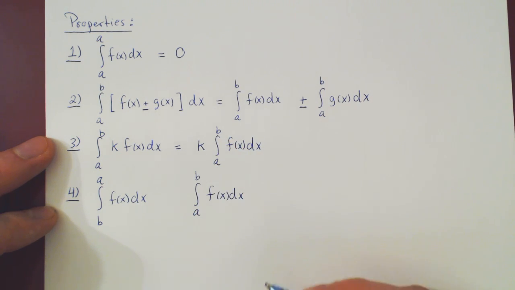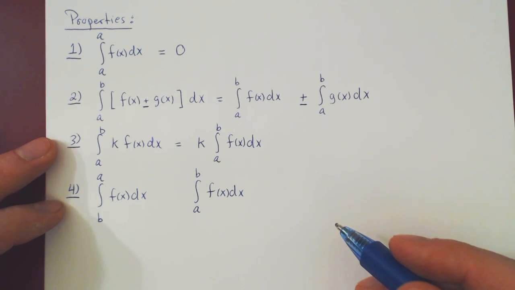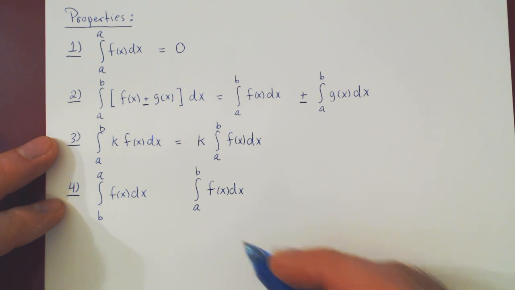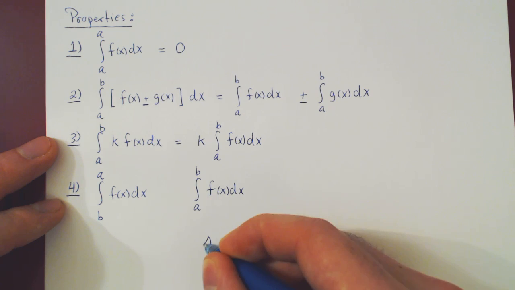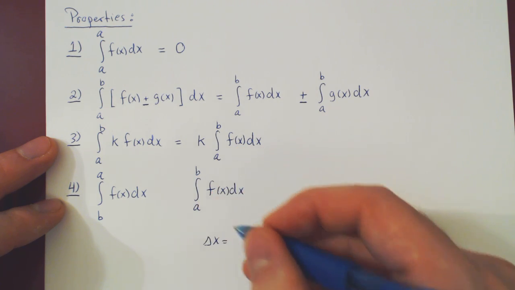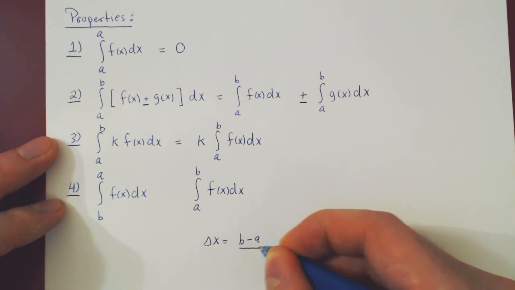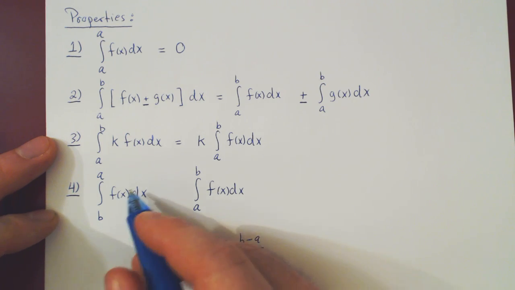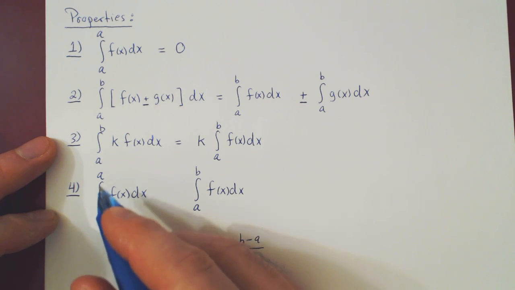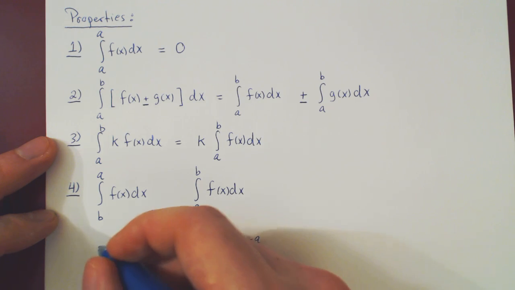Well, look at both cases. In this case, delta x will be (b minus a) over n. In this case, delta x will be (a minus b) over n.